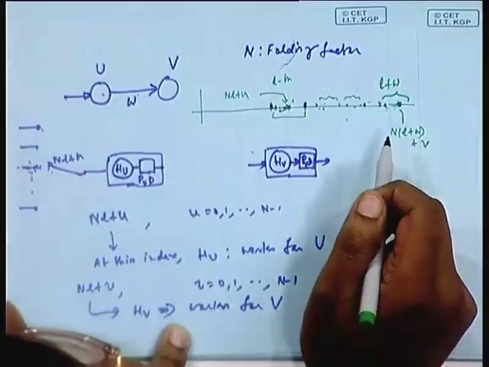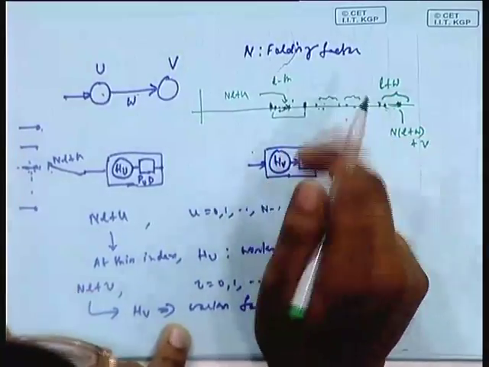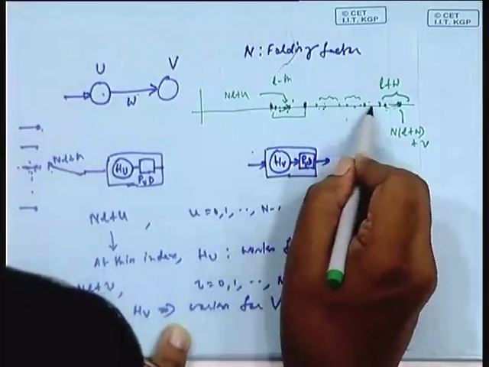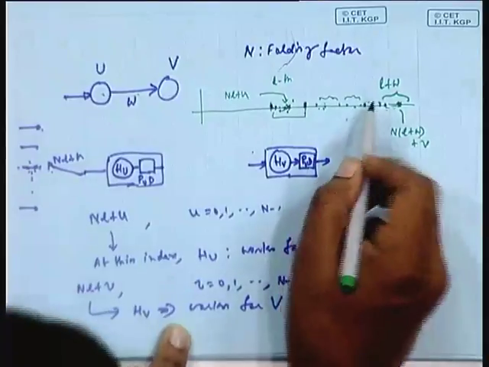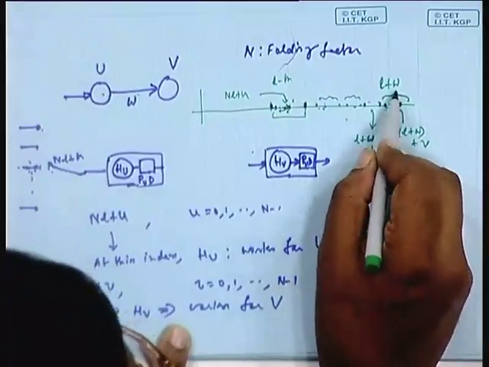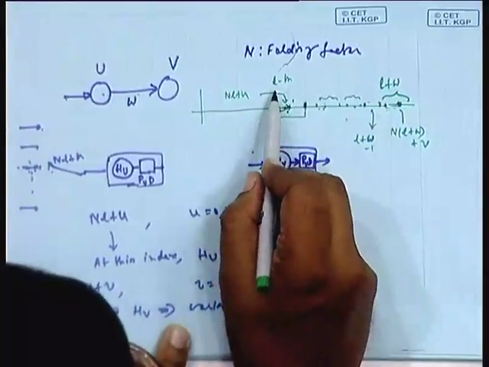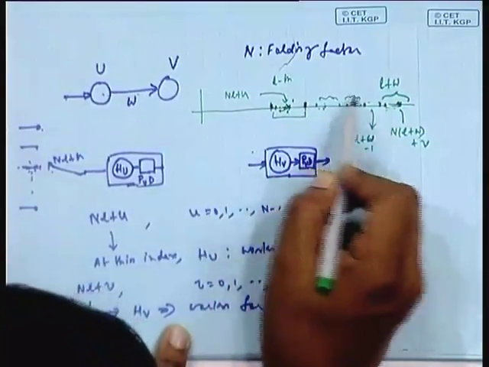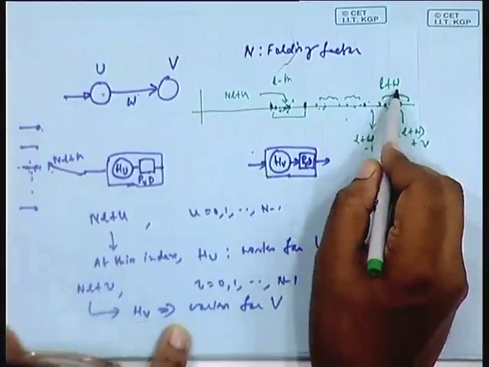How many? W: 0, 1, dot dot dot, say up to this. This is L plus W minus 1-th, L plus W-th, L-th, L plus 1, L plus 2, dot dot dot, L plus W minus 1, then L plus W.